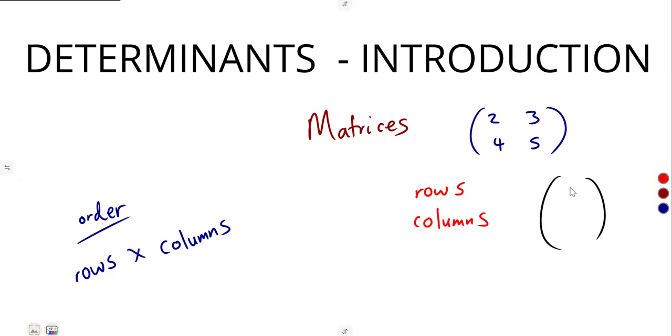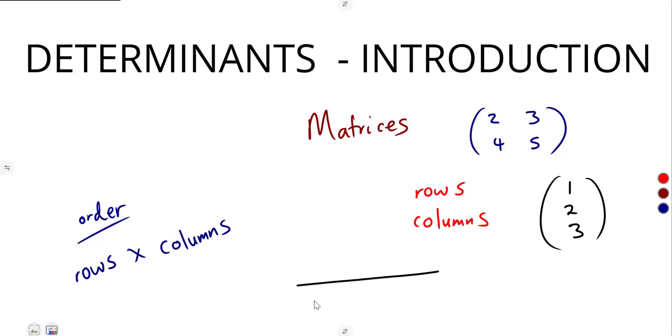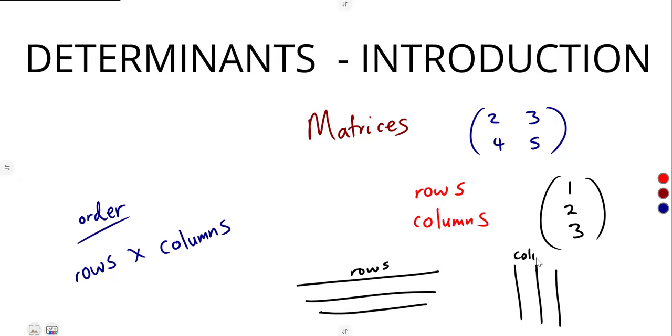Let's say I've got something like this, 1, 2, 3. When you refer to a row, these horizontal lines are rows. And we have columns in this manner. These are our columns.